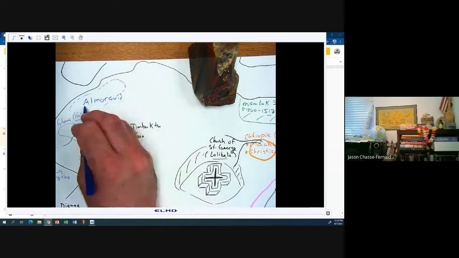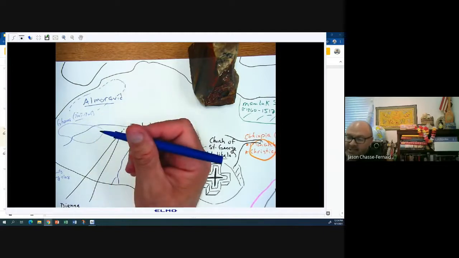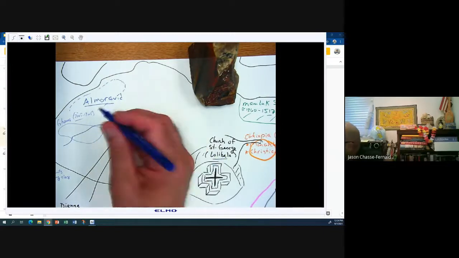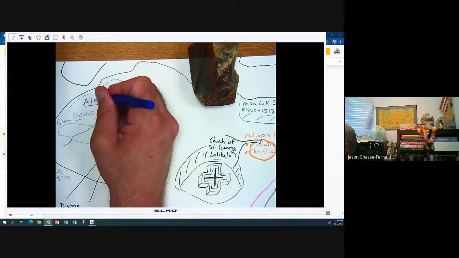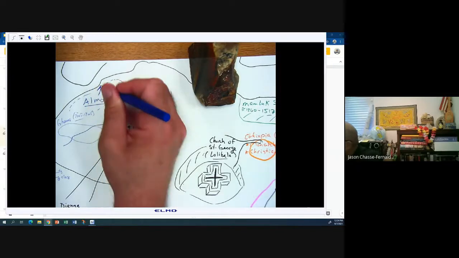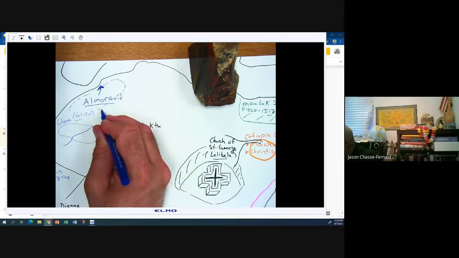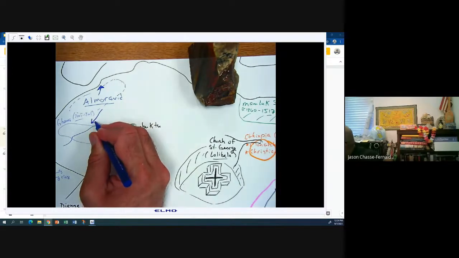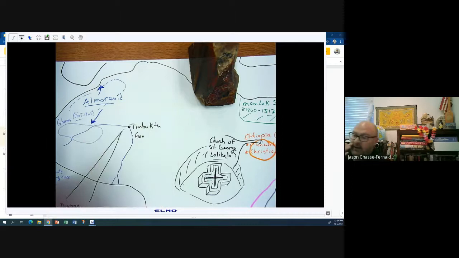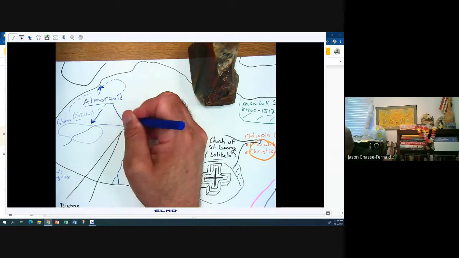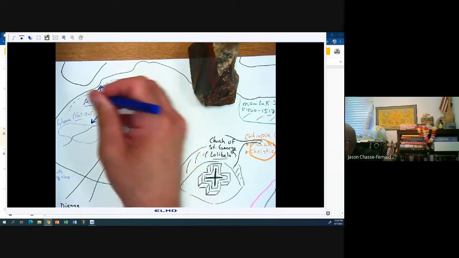The Almoravid are a pastoral nomadic group who connect the Mediterranean world with the gold and salt trade going on at the Niger River bend, and then eventually coming down this direction as well.